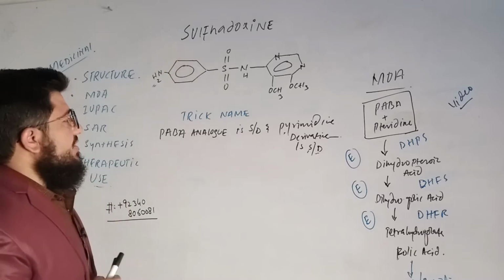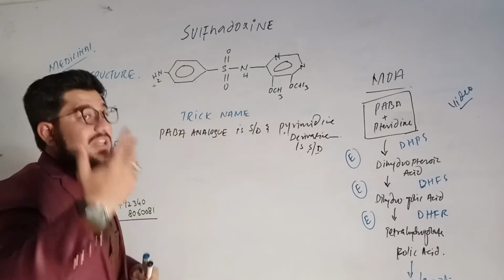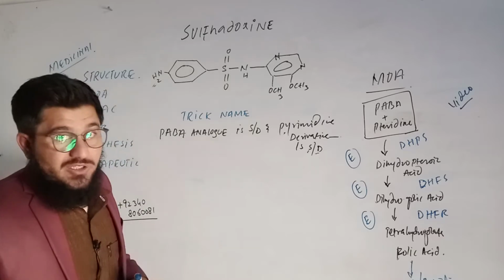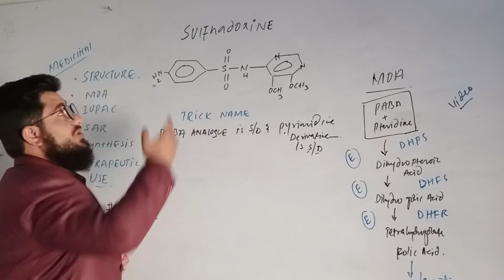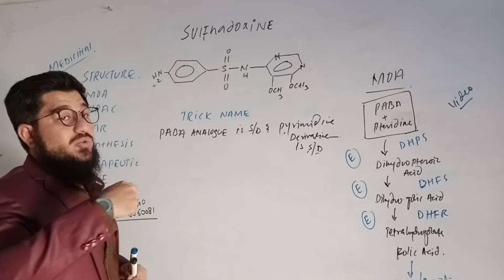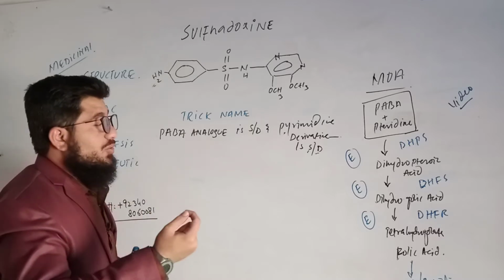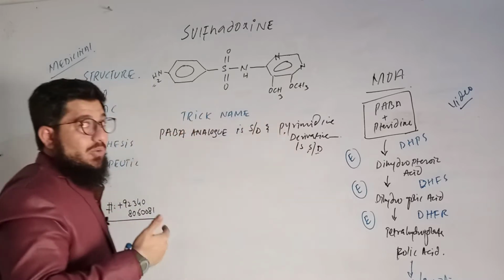Now let's come to the point that is going to help us draw this structure in a very easy way without any hesitation. The trick name that I have given to this drug is helping me to memorize and write the structure easily.